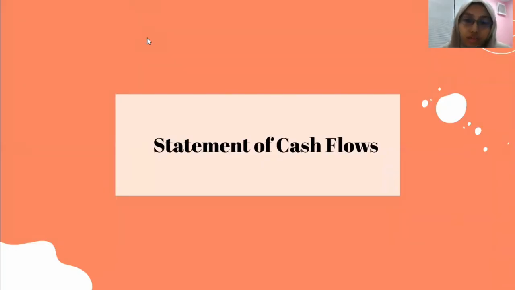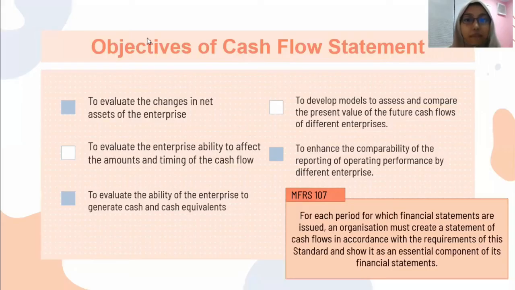Statement of cash flows. Let me give you a little bit definition of cash flows. What is cash flow statement? Cash flow statement is the movement in cash flows over the reporting period as classified under operating, investing, and financing activities. Let us proceed.